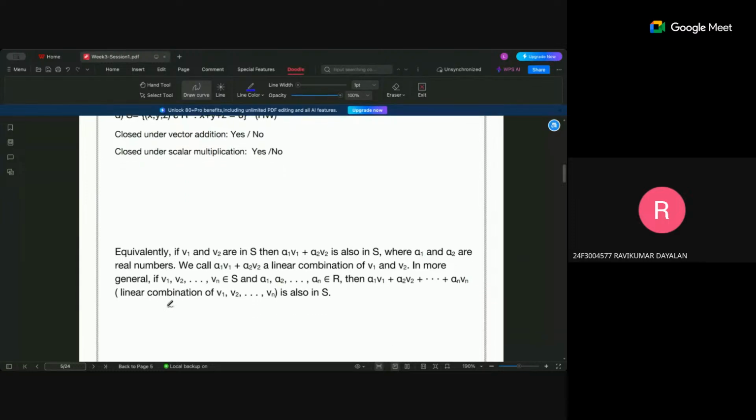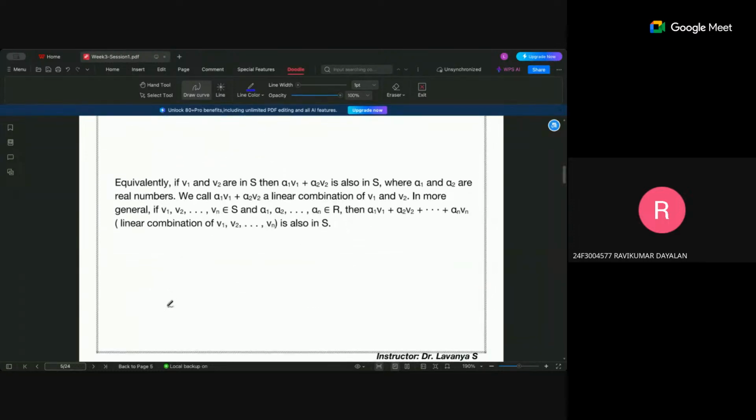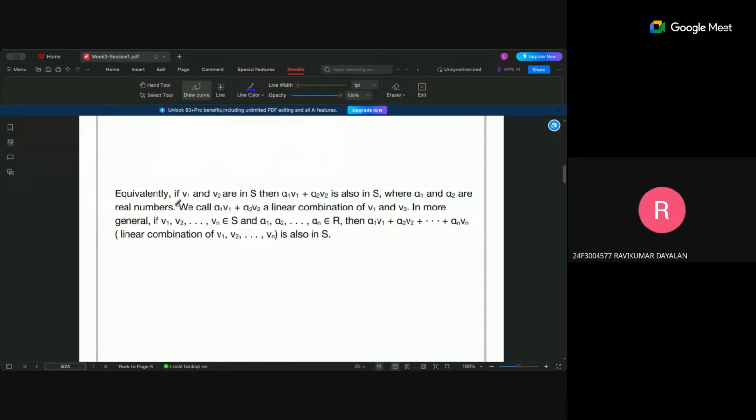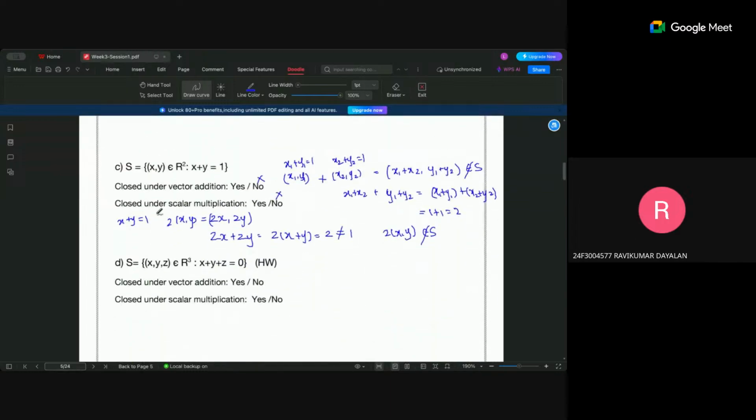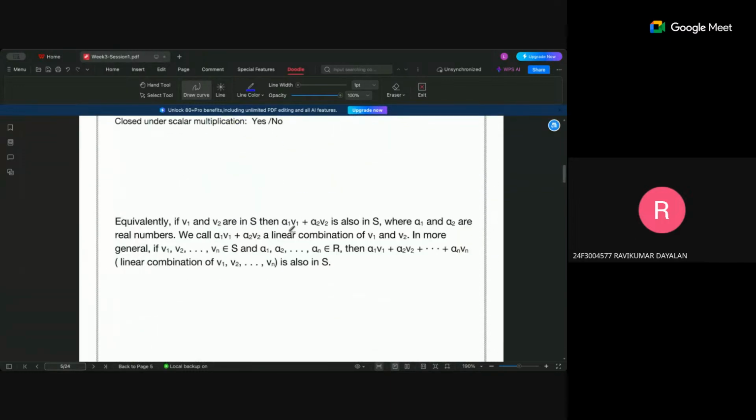Okay, fine. So here we just saw vector addition and scalar multiplication separately, and here it is combined. So if v1, v2 are in S, then alpha 1 v1 plus alpha 2 v2 is also in S, where a1, a2 are real numbers. If it is closed under both addition and scalar multiplication, we can combine and get this.